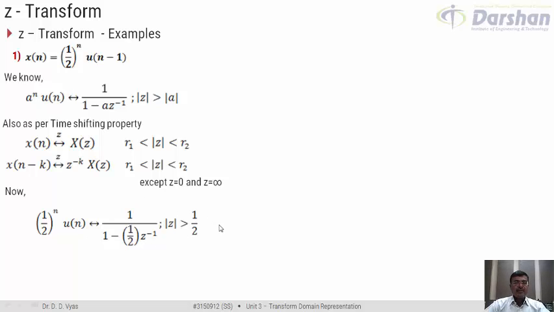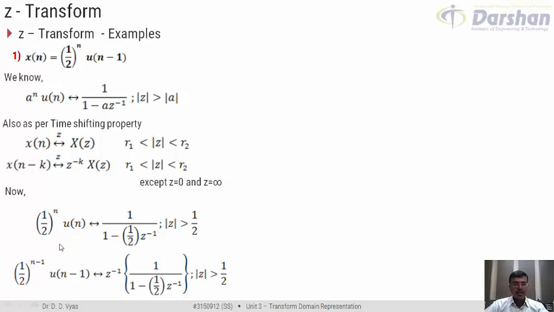Now, with this as a reference, let us see the Z transform of a signal 1 by 2 raised to power n minus 1 u of n minus 1. If you compare these two signals, what is the exact difference? The difference is that instead of n, we have n minus 1 in both the places. So simply n is replaced by n minus 1.